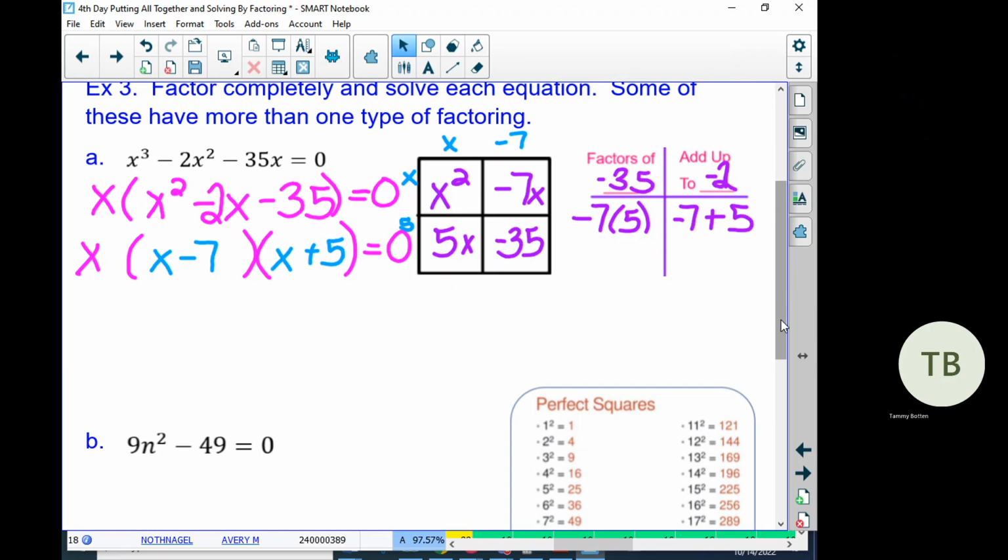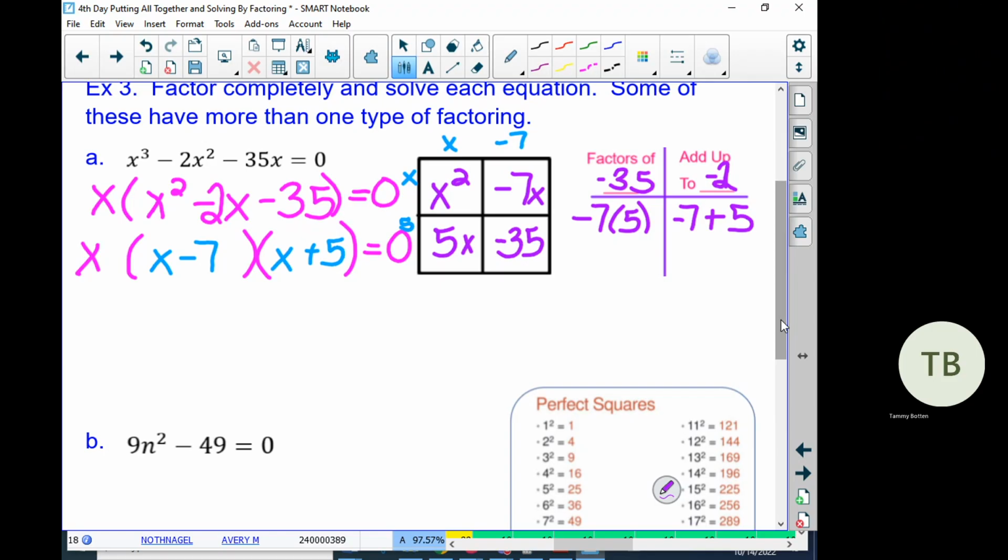The reason I wanted to show you guys this is sometimes when you factor, you will get a number just out front. So if this was a 2, let's say, you don't have to worry about that 2 as far as getting an answer. If there's a 2 out there and you're trying to solve it, you can forget about the 2.